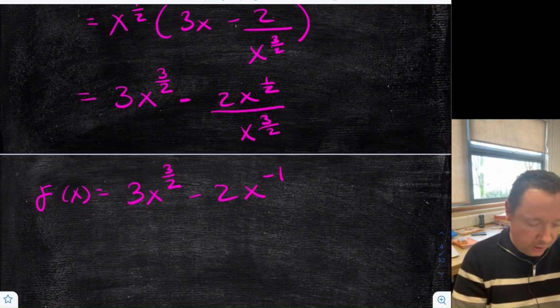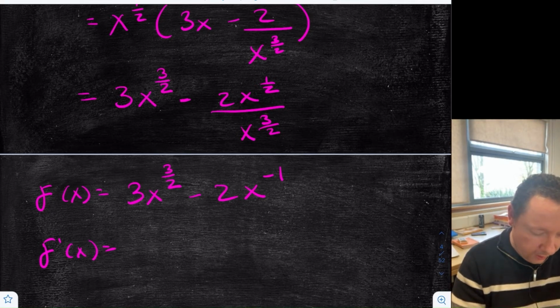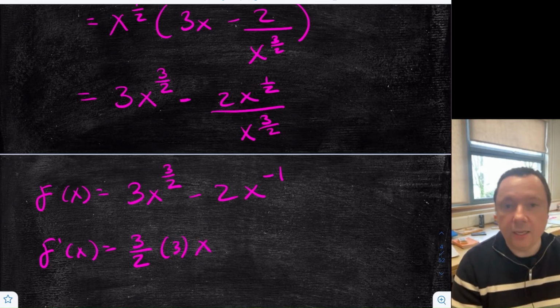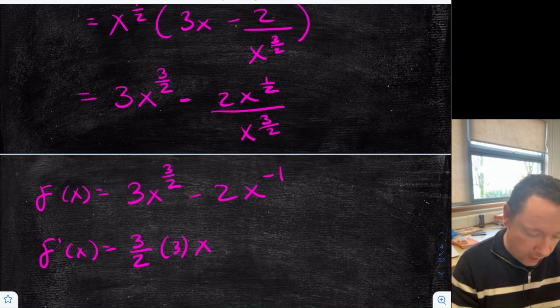Now we can differentiate it, f dash x, take the power down to the front, so it's 3 halves times 3, x to the, take 1 away from the power, so it's a half, minus times a minus is a plus, so plus 2x to the minus 2.